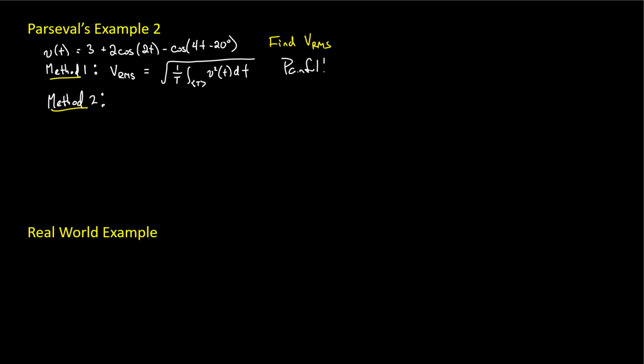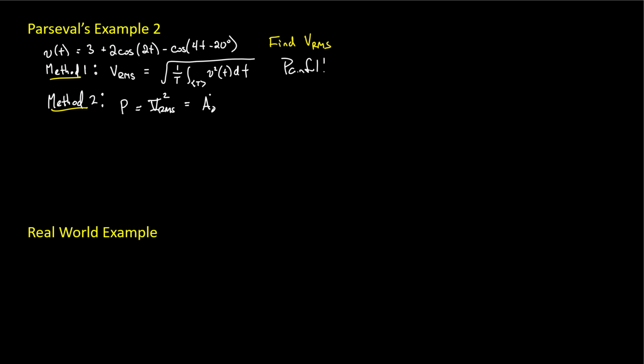And Parseval's theorem says that you know that the average power is V_RMS squared. And you know that's also equal to the sum of the powers of each of the frequencies.